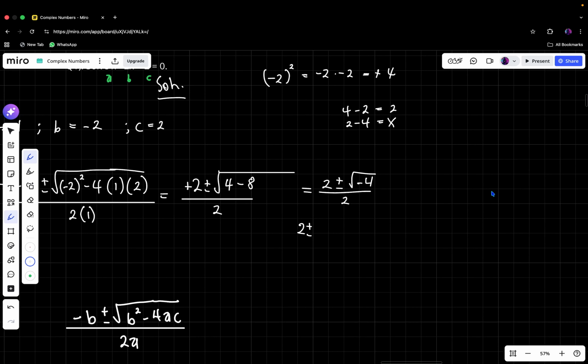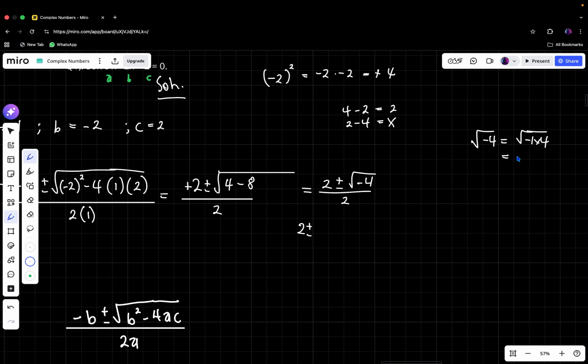We'll look at how we can break this down further, but this will be simply, what is -4? Anytime you're dealing with complex numbers, you can break it down into two things. So -4 can be broken down into square root of -1 times 4. If you look at it well, -1 times 4 is still negative 4.